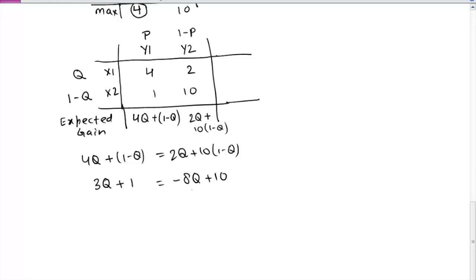If you bring negative 8Q to this side, you end up with 3Q plus 8Q equals 10 minus 1. So in fact 11Q equals 9, so Q is equal to 9 over 11.